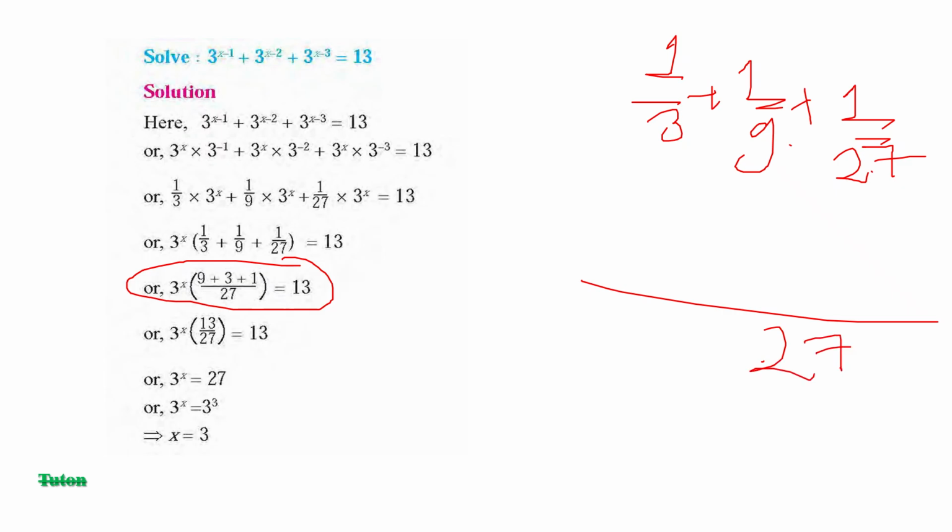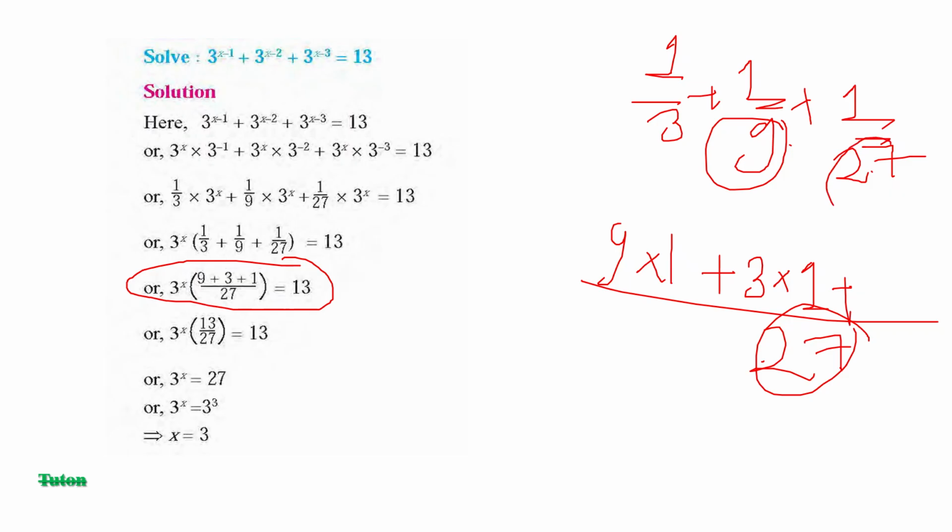27 divided by 3 is 9, and 9 multiplied by 1; 27 divided by 9 is 3, and 3 multiplied by 1; and 27 divided by 27 is 1, and 1 multiplied by 1.